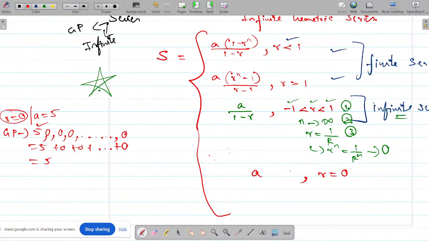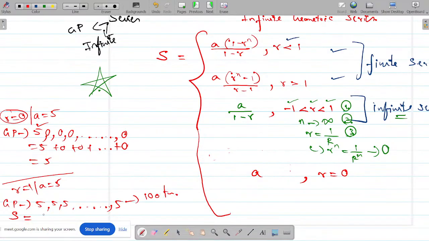a. Another particular case, r is equal to 1, a is equal to 5. Can you please help me out? What would be the progression? 5 comma 5 comma 5 comma. What would be the sum of the series? Probably let me have it with 100 terms.